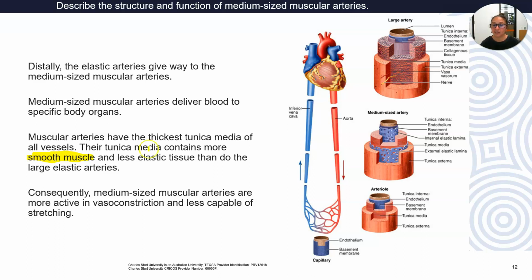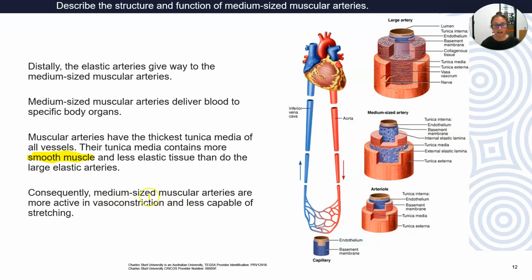The good thing about these is that the smooth muscle can contract and make that artery shrink. So you use the band of smooth muscle to make the artery vasoconstrict and then vasodilate, okay?